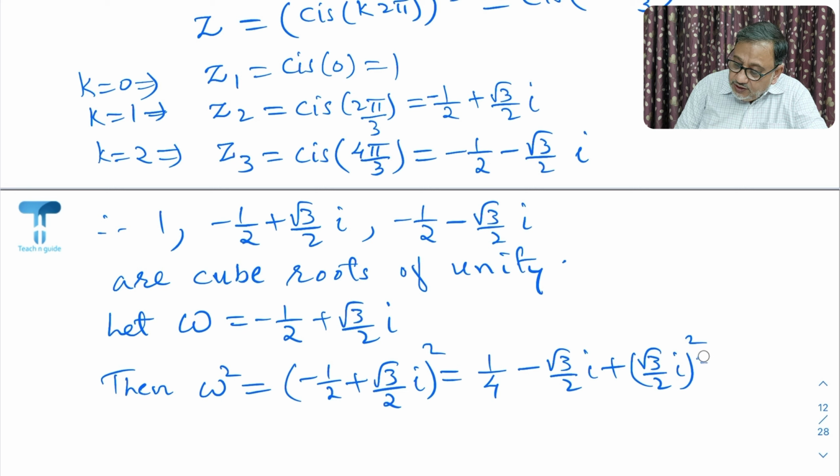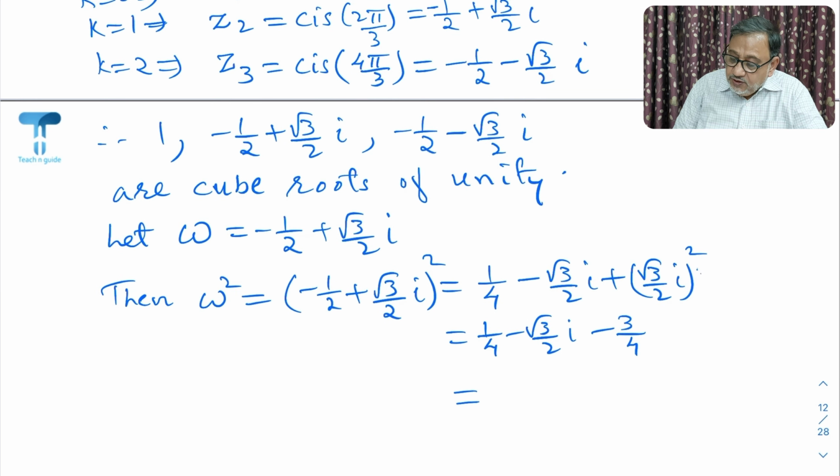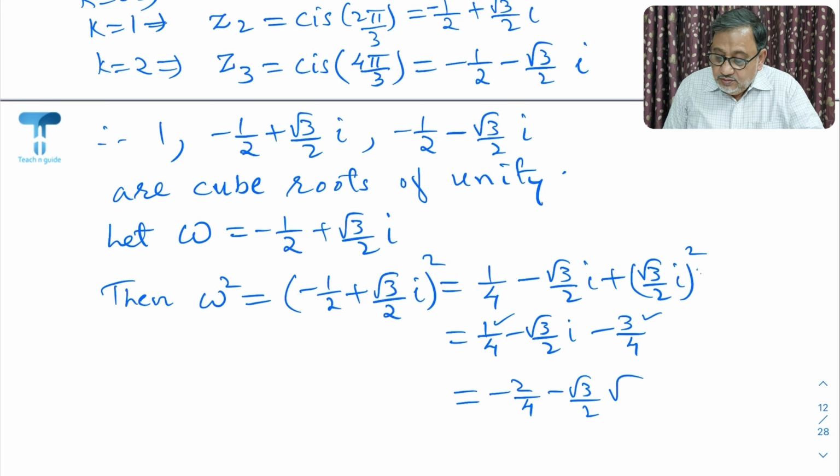So I will write it on the next line. So 1 by 4 minus root 3 by 2 i minus 3 by 4.